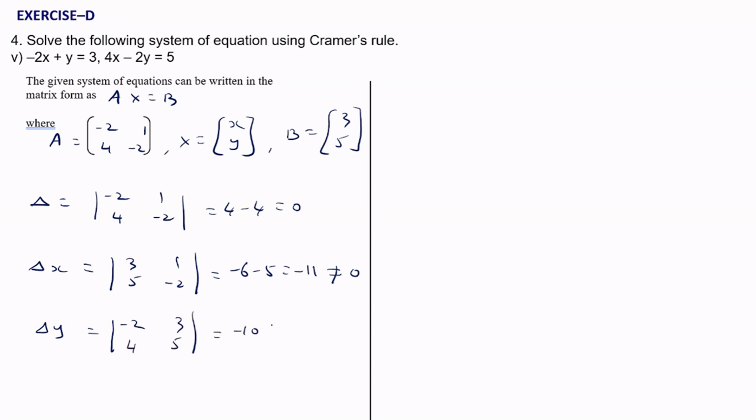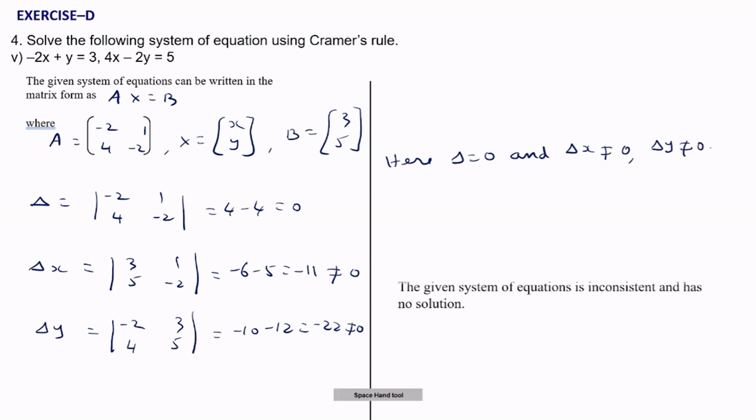So this is minus 10 minus 12. It is minus 22, which is not equal to 0. So here delta equal to 0 and delta x not equal to 0 and delta y not equal to 0. So the given system of equations is inconsistent and it has no solution.